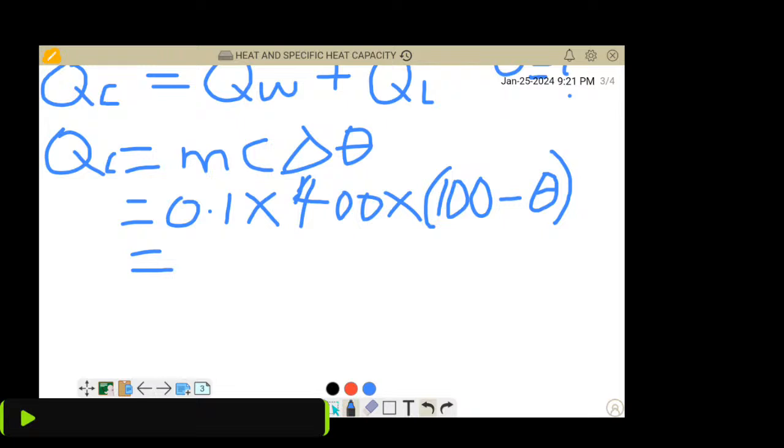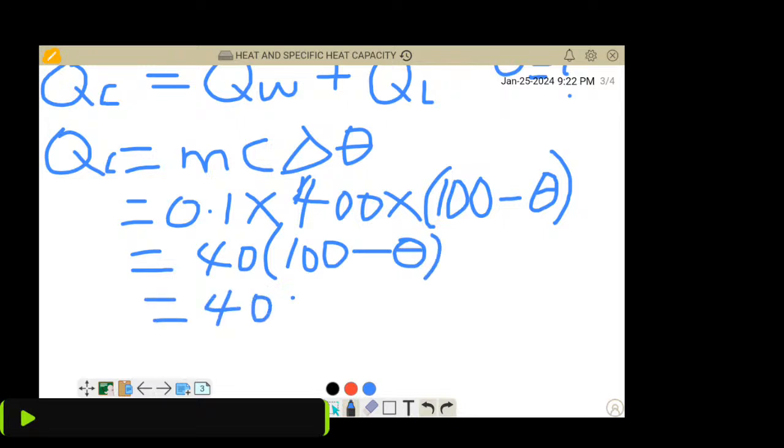We have 0.1 times 400, that will give us 40. Let's say we have 40 into bracket 100 minus theta, and that will give us 4,000 minus 40 theta. That is for heat lost by copper.